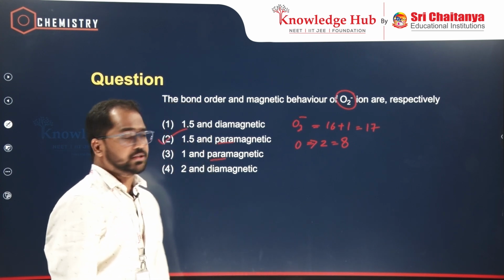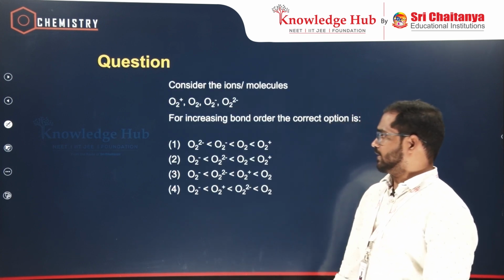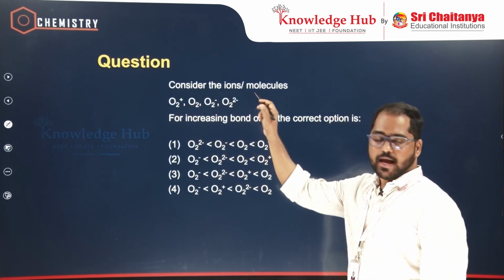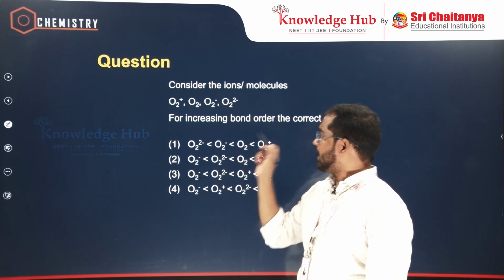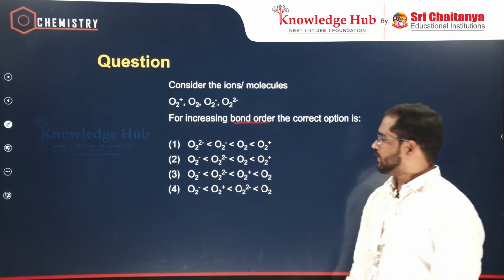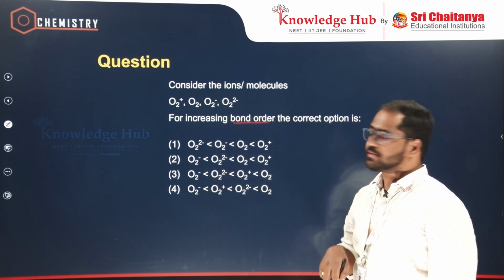Let's see one more question. The bond order for diatomic species of oxygen: O2 plus, O2, O2 minus and O2 2 minus are given, and they are asking for the bond order increasing order for the given diatomic species. First of all, calculate the number of electrons in each case.